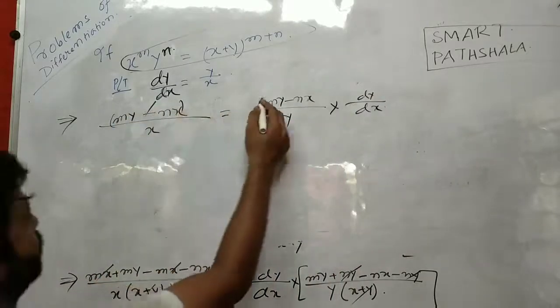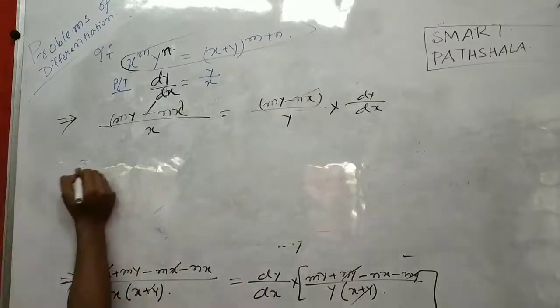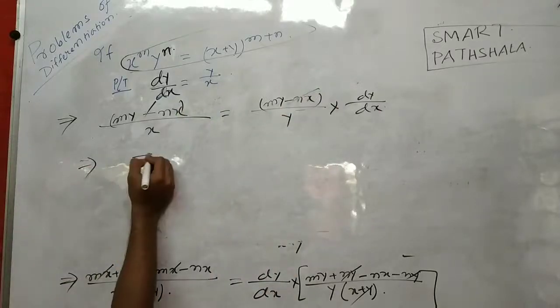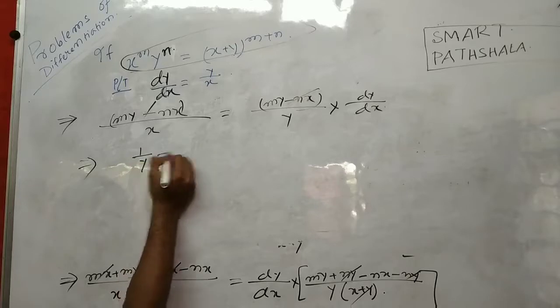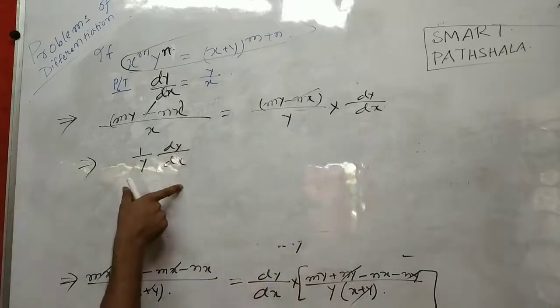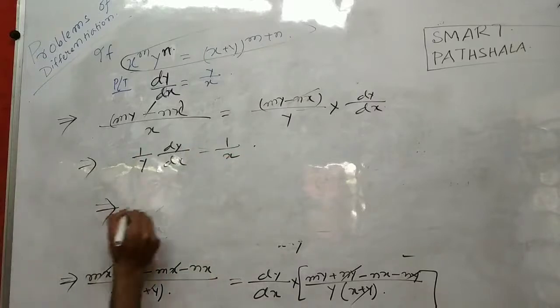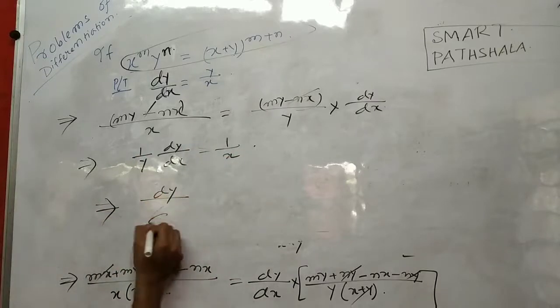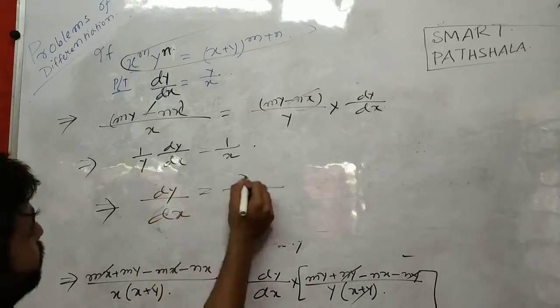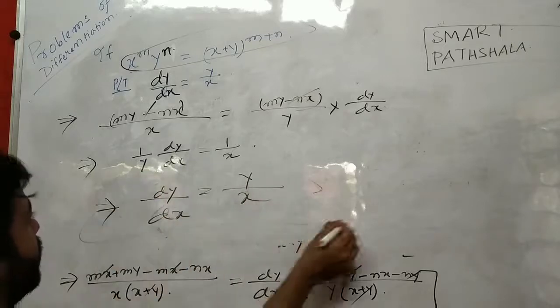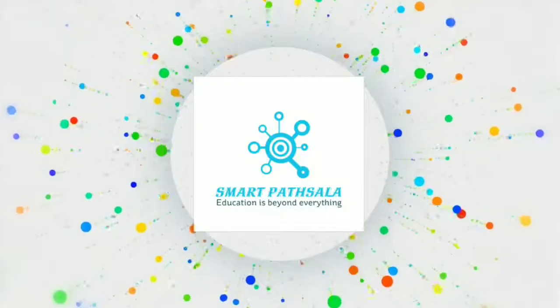So again cancel out both numerators, and what you will have is 1 by y dy/dx. I am writing this term over here and this term over here. On the next line obviously you can write boldly dy/dx is equal to y by x.